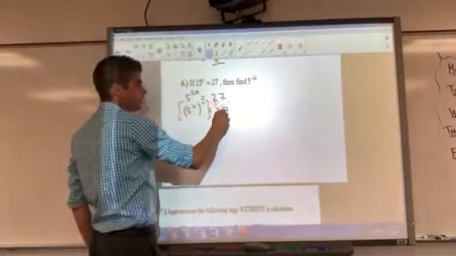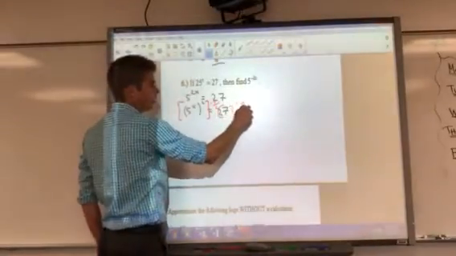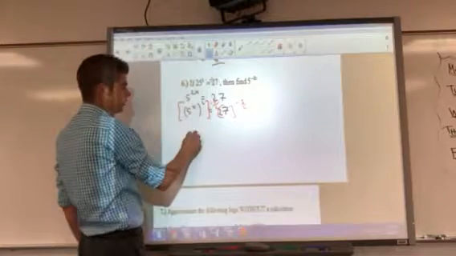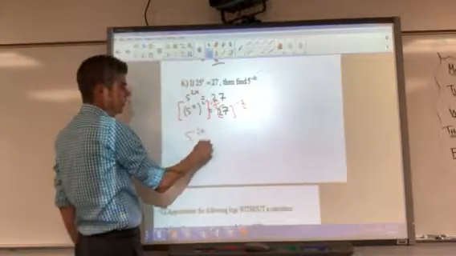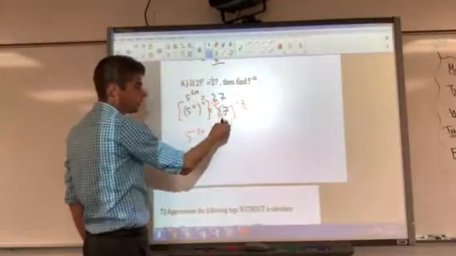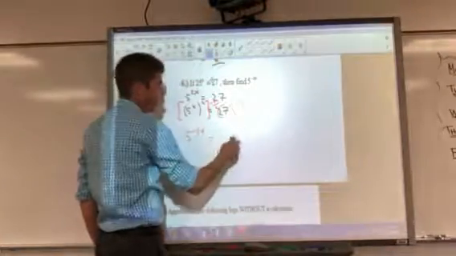So I'm going to raise this side also to the negative 3/2 power. So that gives me 5 to the negative 3x, which is what I'm looking for. This is 27 to the negative 3/2 power.